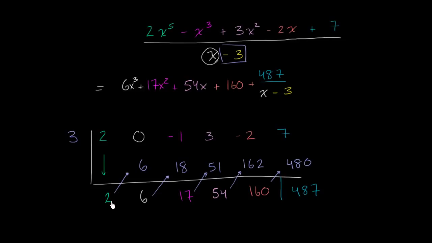And then finally, this is our x to the 4th term, 2x to the 4th. So it is 2x to the 4th. And we are done. This thing simplifies to this right over here. And I encourage you to verify it with traditional algebraic long division.